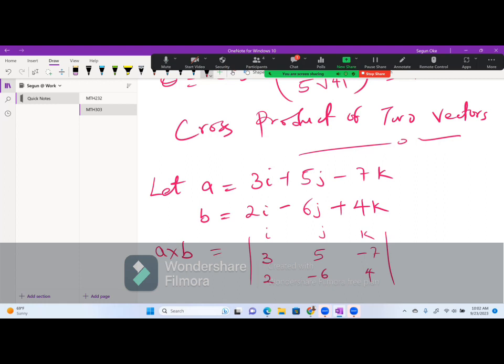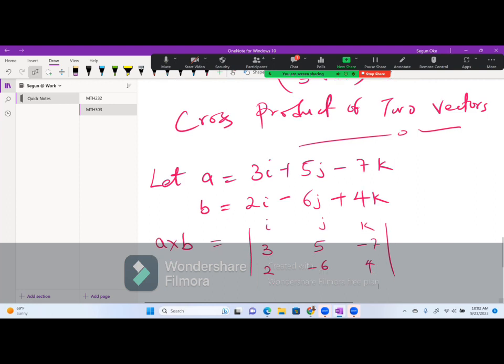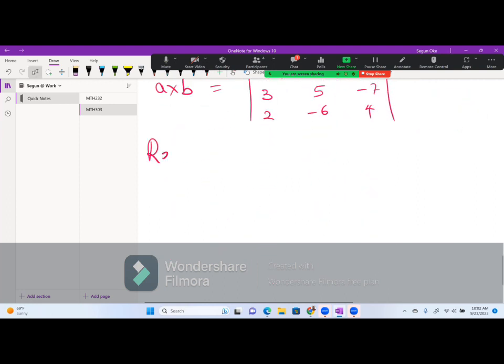Let me quickly recall. Recall that when you have a 2 by 2 matrix, let's say matrix A, and we want the determinant of A. A is A11, A12, A21, and A22.